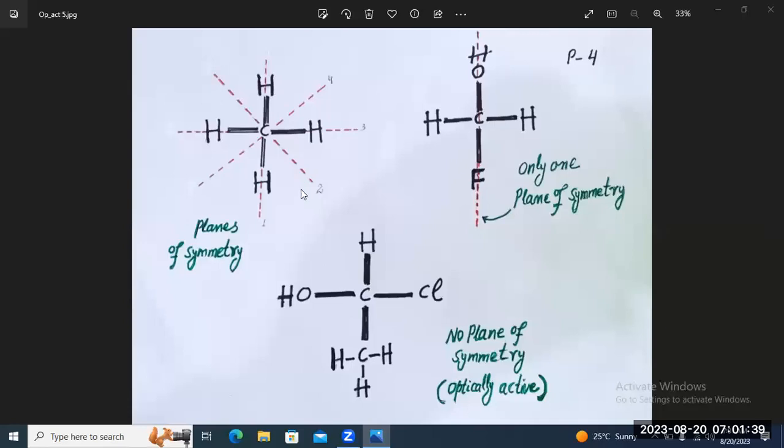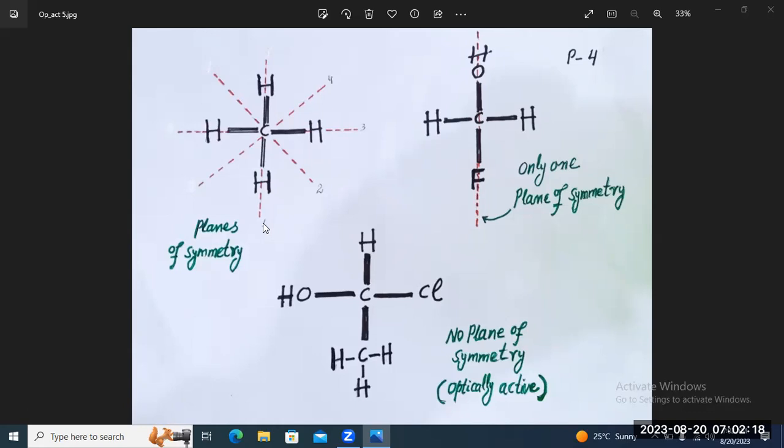In order to show symmetry, we shall take the example of CH4. Here you can see the carbon which is bonded to similar hydrogen atoms. So the molecule is a symmetric molecule, and the carbon is not asymmetric carbon, or this carbon is not chiral carbon, because this molecule has planes of symmetry.